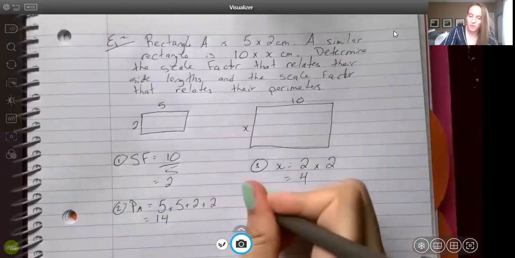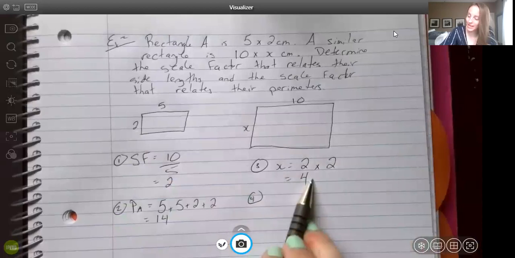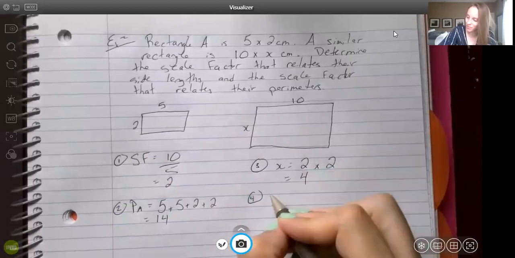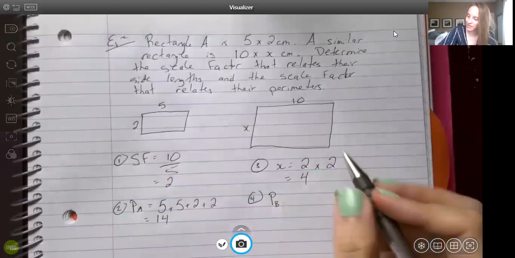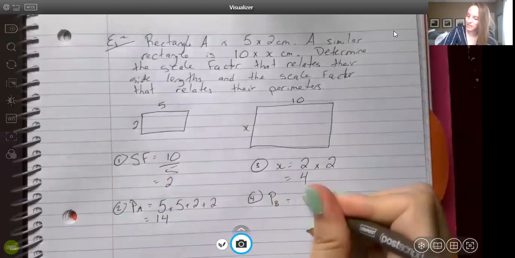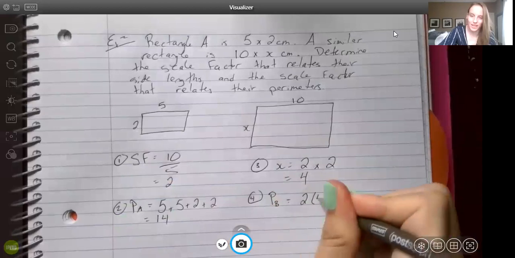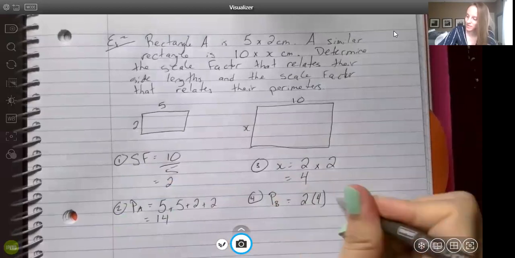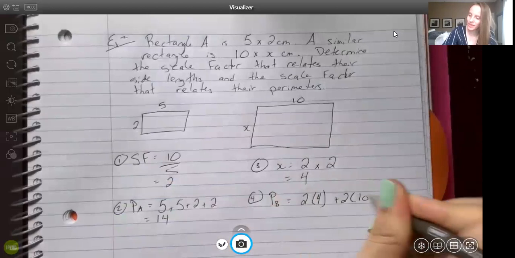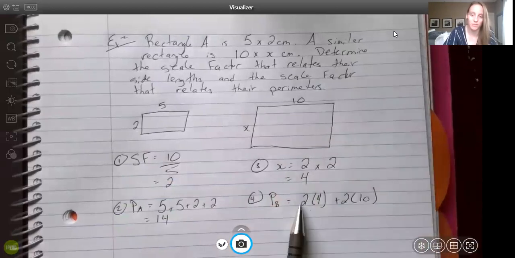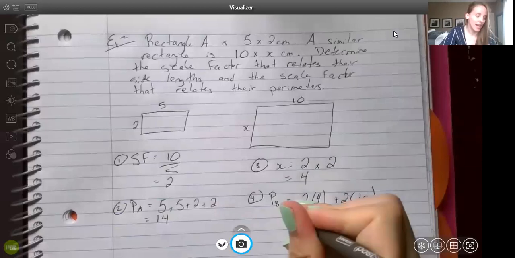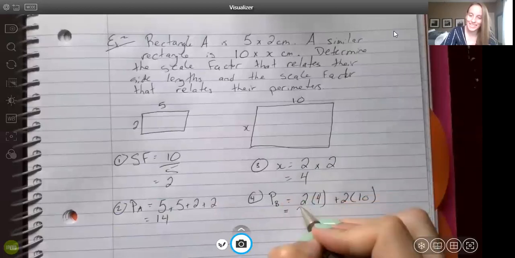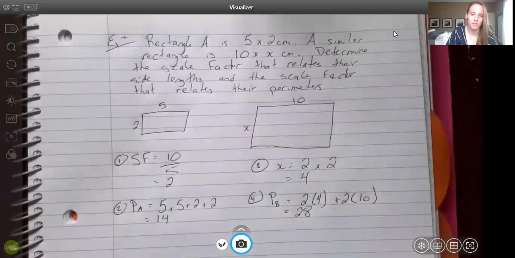Now that I know what my x is, I can figure out what the perimeter of shape B is. So that is going to be 2 times the side length of 4 plus 2 times the side length of 10. Again, you could do 4 plus 4 plus 10 plus 10 if you'd rather. That is going to give us 28 as our perimeter.